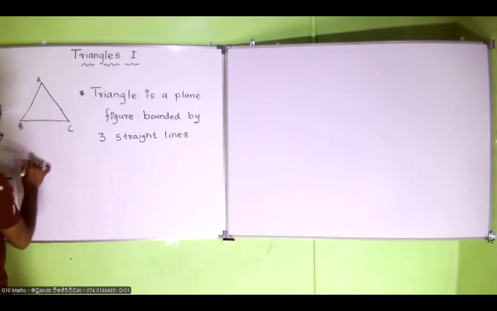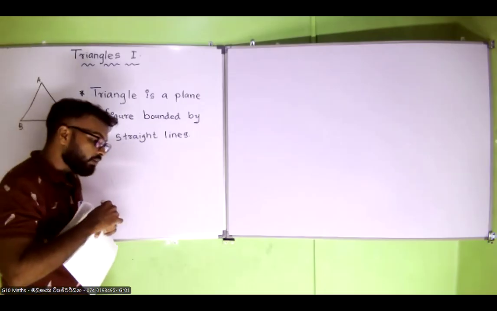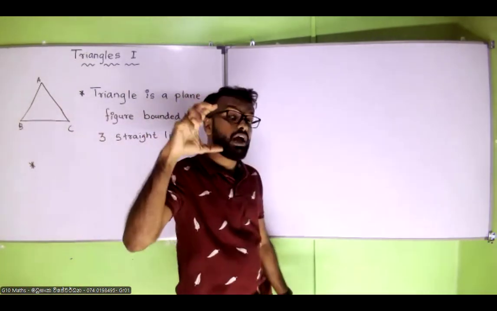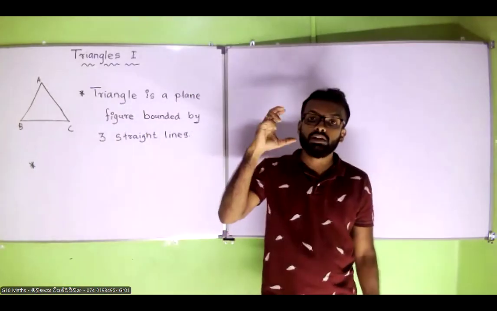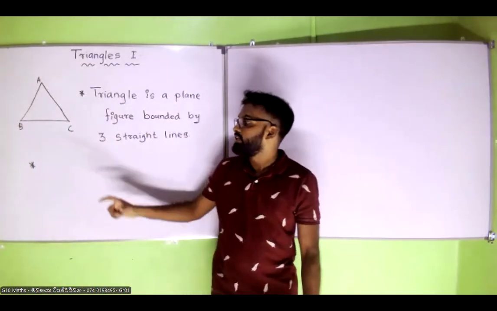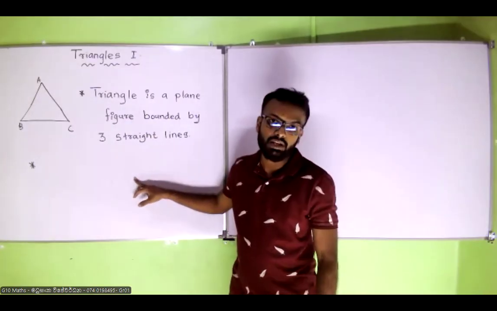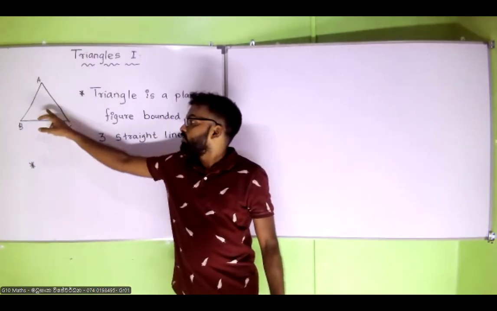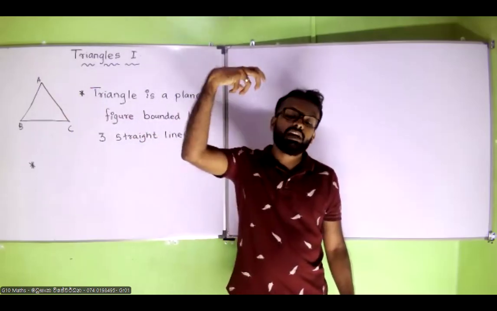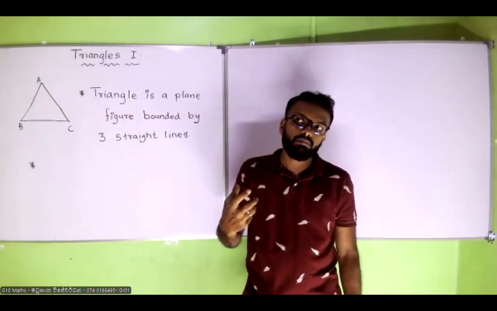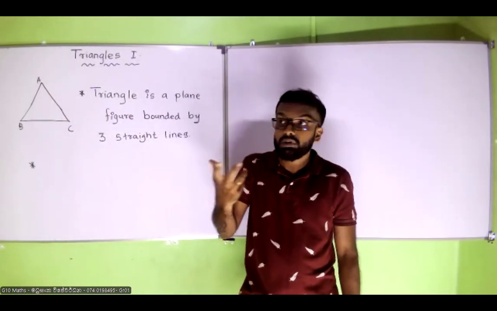In the congruence of triangles lesson, if you can remember, we discussed these six elements. How were those six elements formed?